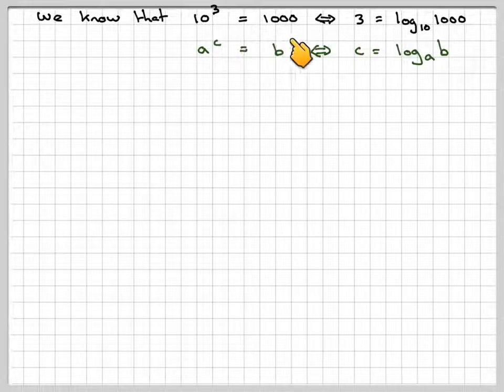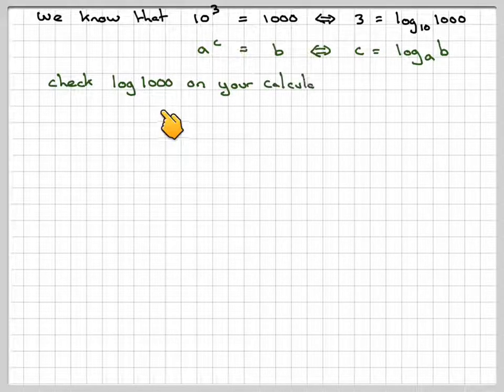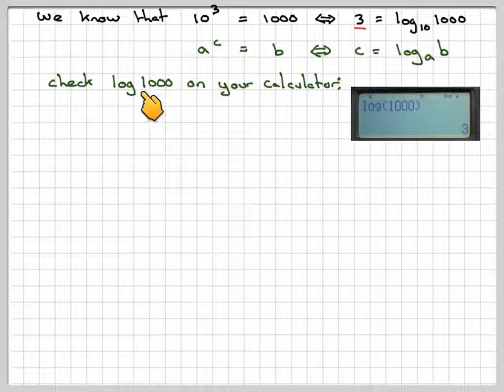This is one of the main objectives of this video. If you check log 1000 on your calculator, and we'll explain why there's no 10 here, you get the answer 3. This is what it means. You're given 10 and 1000, and you're trying to work out the power. This is the meaning of the logarithm.